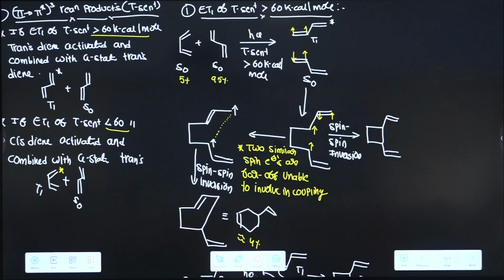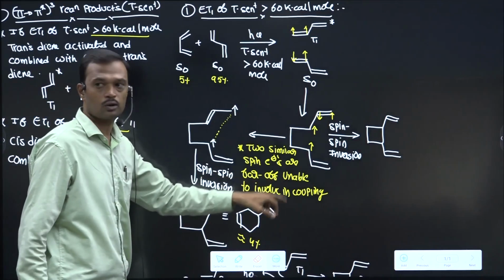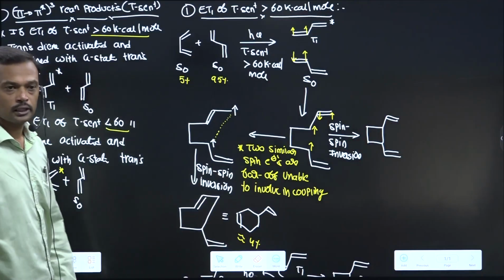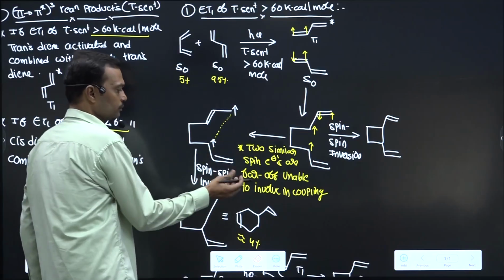Far off means they are at a large distance. They are separated by a large distance. They are called far off. Far off electrons are nothing but electrons which are separated by a large distance.